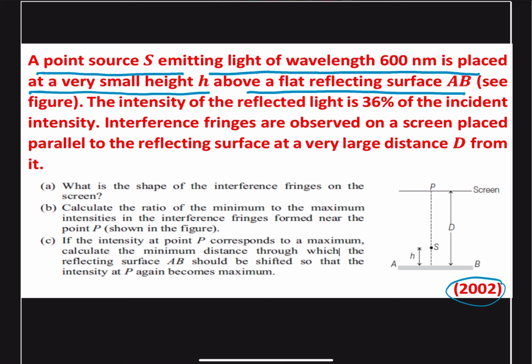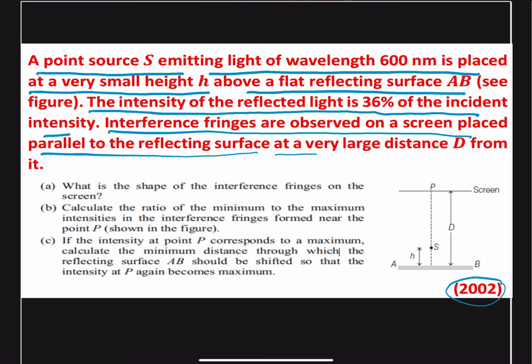See the figure. The intensity of the reflected light is 36% of the incident intensity. The interference fringes are observed on a screen placed parallel to the reflecting surface at a very large distance d from it.